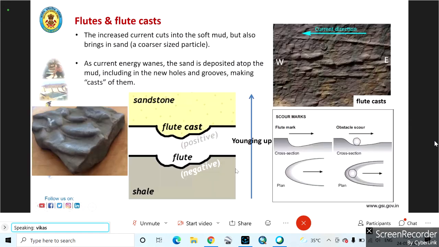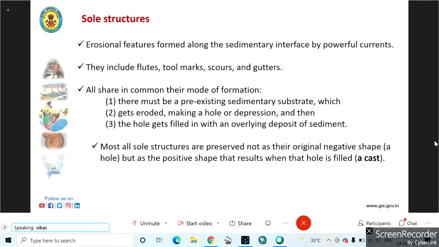All of them have three important points: there must be a pre-existing sedimentary substrate. Then erosion will make a hole or a depression, and these holes or depressions get filled up with the overlying deposit of sediments. And once they have been filled up, we call it a cast.